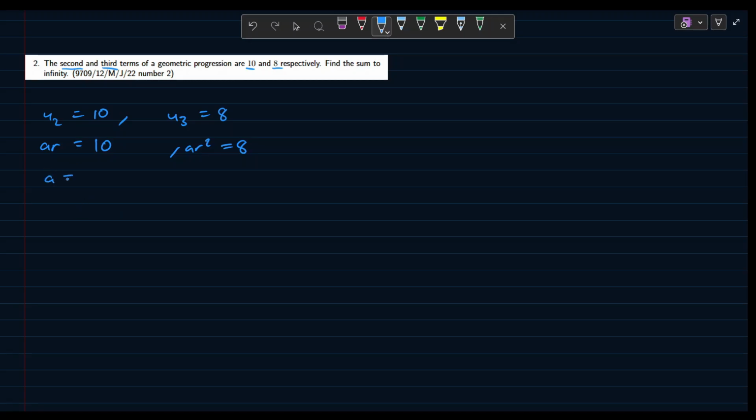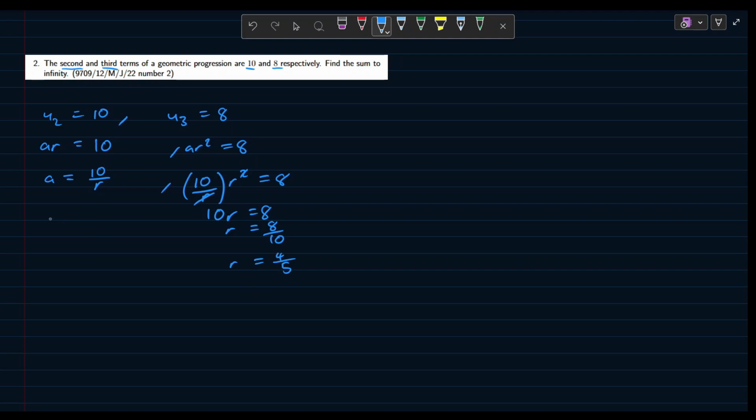Let's make a the subject of the formula in this first equation, that's 10 over r, and we can substitute into this second equation. So that becomes 10 over r times r squared is equal to 8. So we can cancel out the power 2 and the r, so that gives us 10r is equal to 8. So r is equal to 8 over 10, and therefore r is 4 over 5.